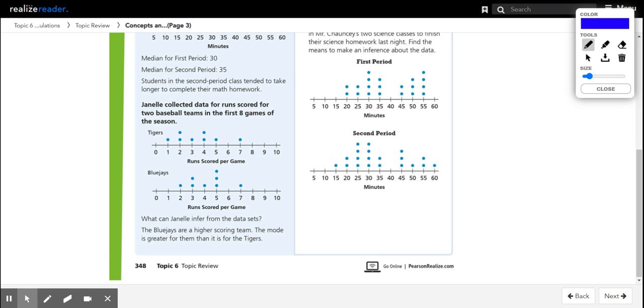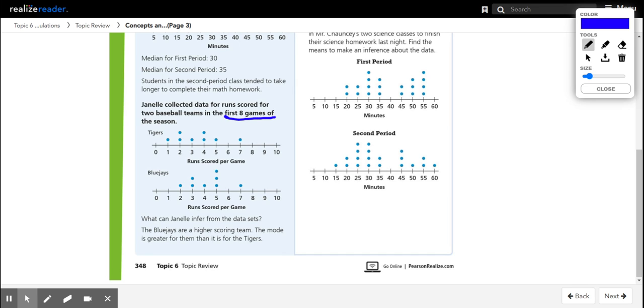So what can we infer by these 2 box plots? Looking at this, it's baseball teams, and it's their first 8 games of the season. It's how many runs they scored, and it's labeled on each of them. The nice thing is they used the same scale, so you can very easily see what's going on here. We could say the Blue Jays are a higher scoring team.